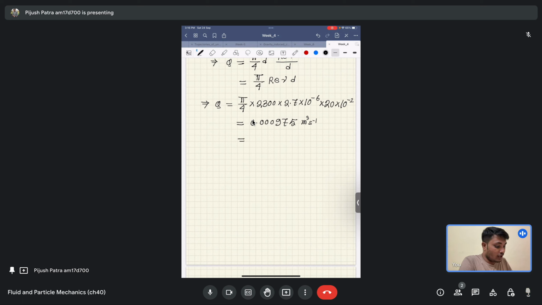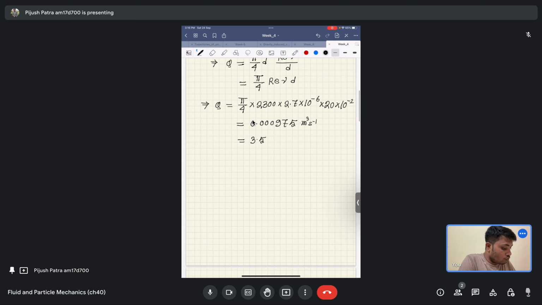If you do that, it will come around 3.512 meter cube per hour. Is that fine? So that's all about question number 1. I think there is no confusion regarding it. Am I right?